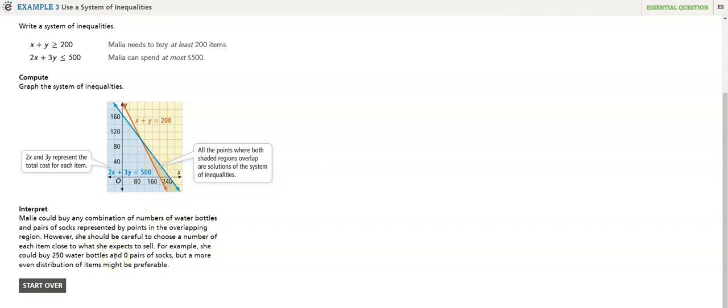She's probably going to need a nice even distribution of both. So like I said, she could buy 250 water bottles and 0 pairs of socks, but a more even distribution of items might be preferable. So you would have to think reasonably about what would make sense. I probably wouldn't want to pick the number here or here, because that means I'm not going to have any of the others. You're going to want something kind of right in the middle here for realism.